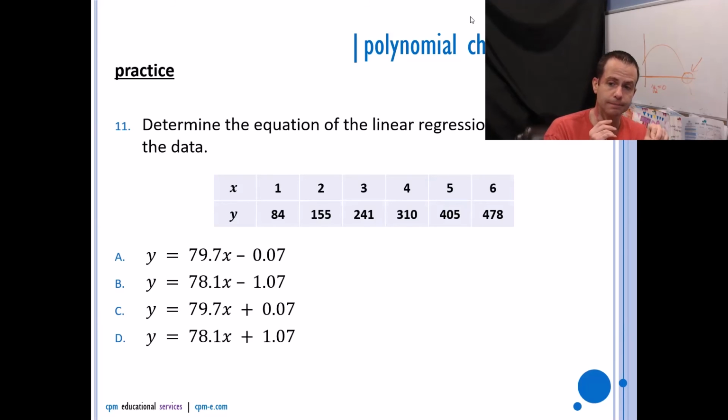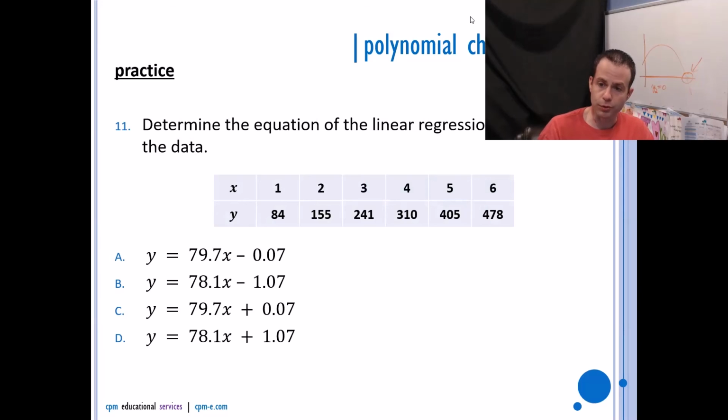For TI, you will go stat, go over to calc, choose linear regression, which on a TI is option 4. And then you want to get that Y1 beside it again.